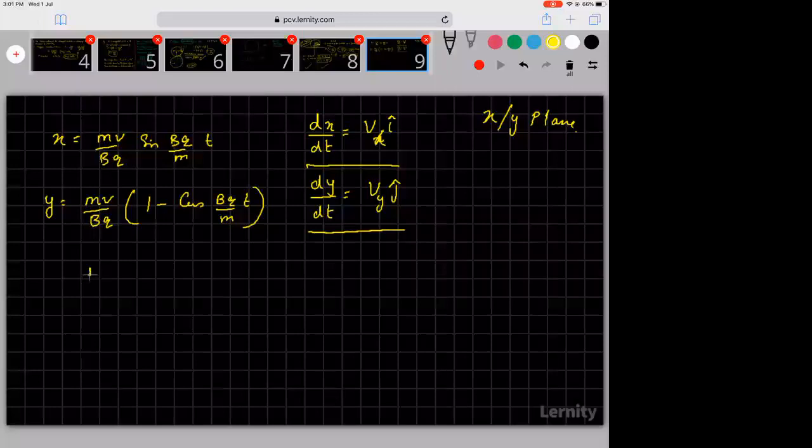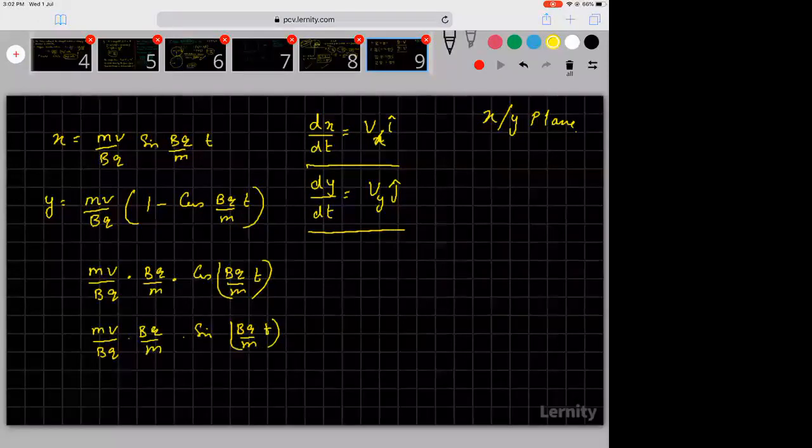The differential of x is mv by bq into bq by m into cos bq by m into t. Similarly, the differential of y is mv by bq into bq by m into sine bq by m into t. The differential of cos is minus, and minus minus becomes plus.